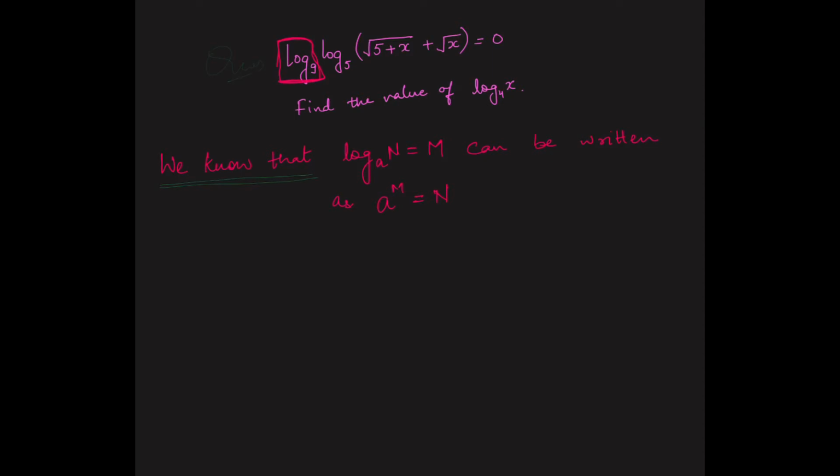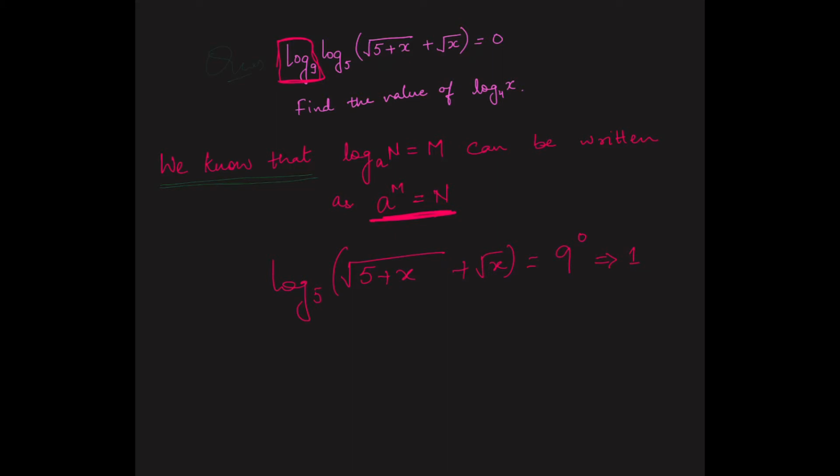If we convert that into exponential form, we get log base 5 of (square root of 5 plus x, plus square root of x) is equal to 9 to the power of 0, because the base stays the base for the exponent and the answer becomes the power. And we know any number to the power of 0 gives us 1, so that equals 1.